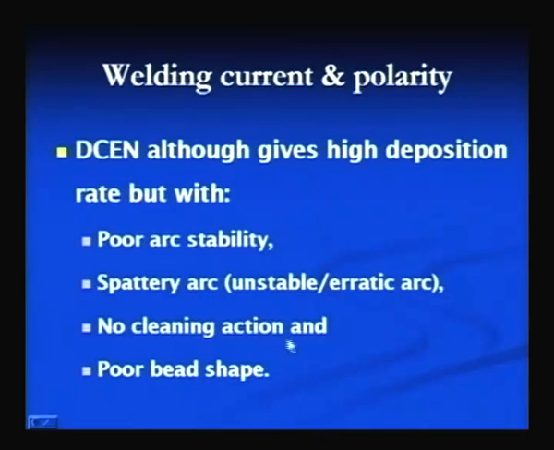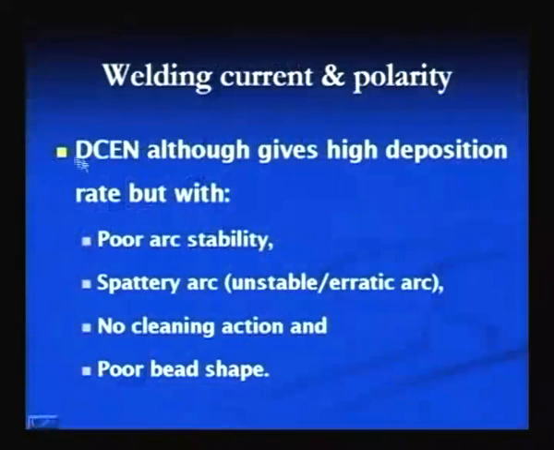So, here when your electrode is made positive and workpiece is negative, we get the mobile cathode spot, the spot from which electrons are released during the welding, and that mobile cathode spot thereby helps to loosen the oxide layer which is formed on the surface of the reactive metals particularly, and thereby it helps to obtain the better cleaning action.